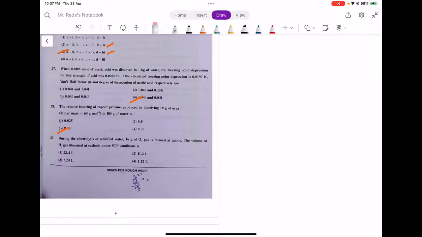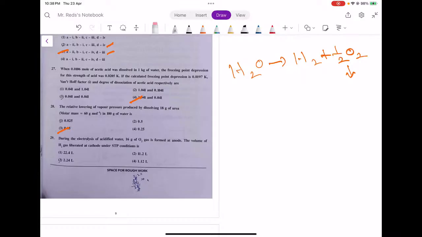Here H2O gives H2 plus half O2. Half O2 is here 11.2 liters, since 1 mole occupies 22.4 liters, so half mole is 11.2 liters.